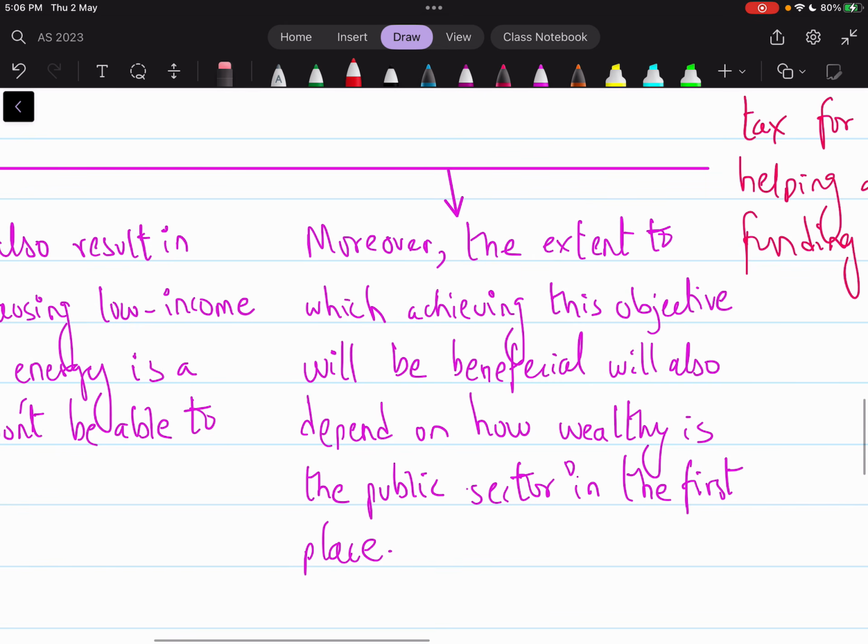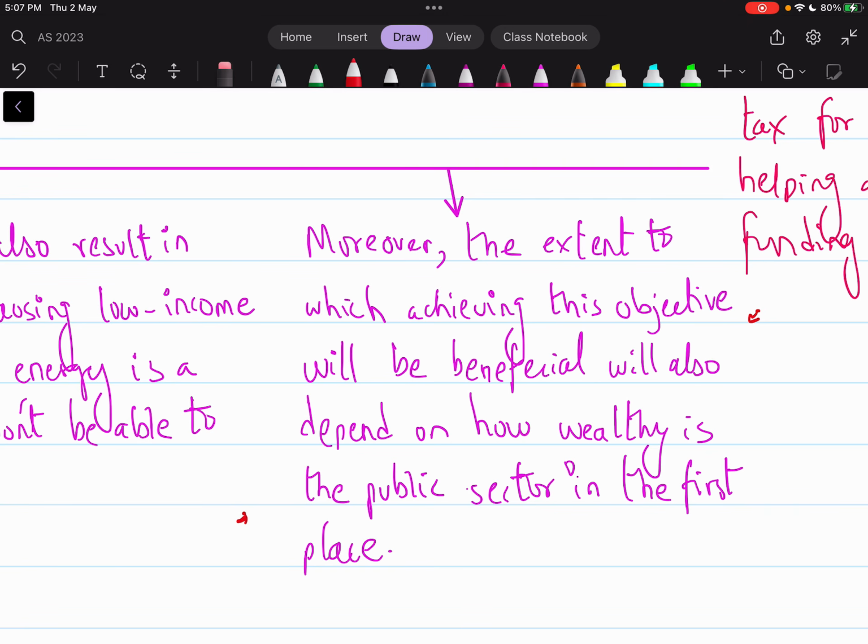Likewise, moreover, the extent to which achieving this objective will be beneficial will also depend on how wealthy the public sector is in the first place. If you are in a struggling economy, an underdeveloped economy, the government is less likely to have funds, and even the working population or the demographics would suggest that people do not have high incomes to support high taxes, and therefore you may not be able to reap the benefits of setting the environmental objective.